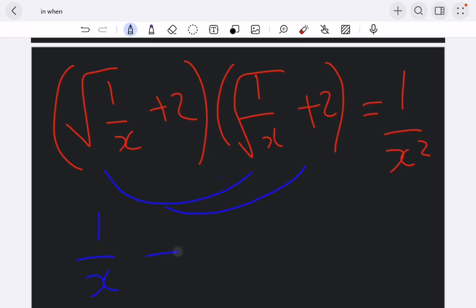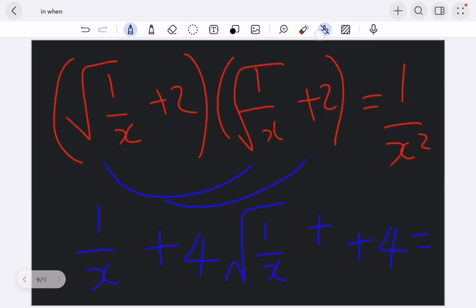And then on the other hand, if you multiply this by that, you're going to get 1 over x plus, remember this 2 is the same, so we're going to have 2 plus 2 1 over x plus 2 1 over x, which will give us 4 1 over x. So instead of writing 2 1 over x again, I'm just going to write 4 1 over x. Okay, and then you're going to get plus 2 by 2 is 4, and then is equivalent to 1 over x squared. It's equivalent to this part.